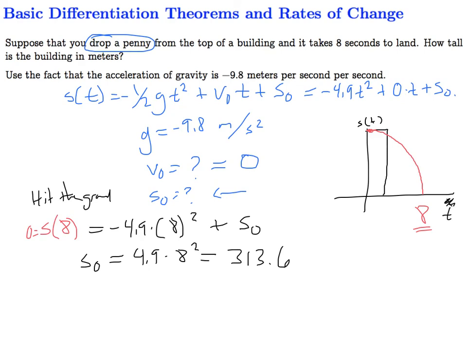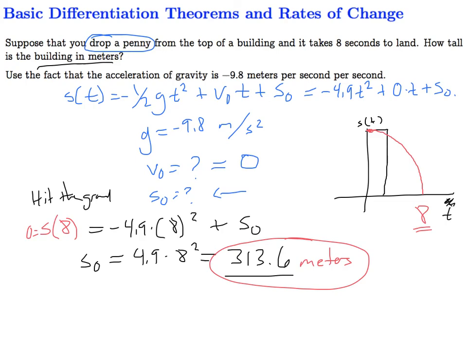Now a question to ask yourself is, am I done? It said, how tall is the building in meters? I've got a number here, but I've forgotten something very important. I need to label my answer meters. Yes, labels are important. Always label everything.